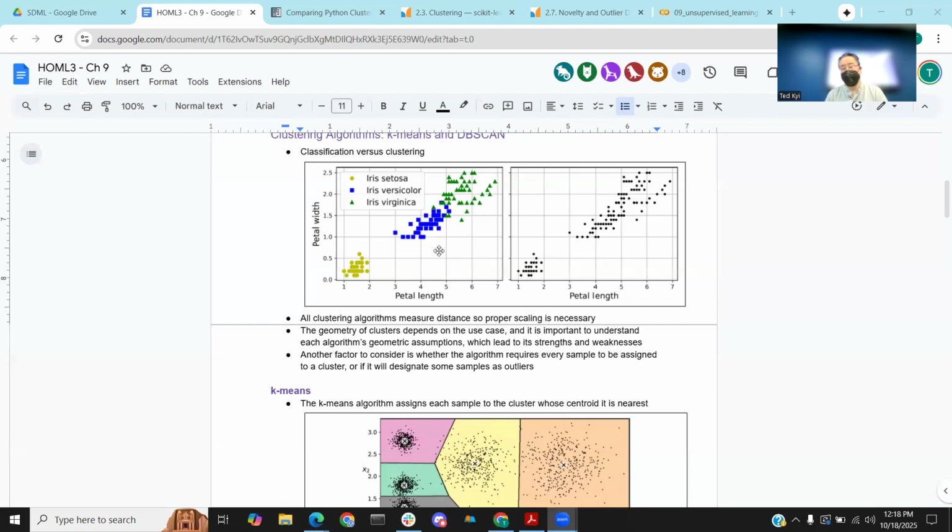So in particular, the first algorithm, k-means, does circular or spherical clusters. And so k-means will not necessarily do a great job when you have clusters that are more stretched out like this, okay? And then you can have clusters that are even weirder where they're squiggly, like a worm, and that will require a very different algorithm.